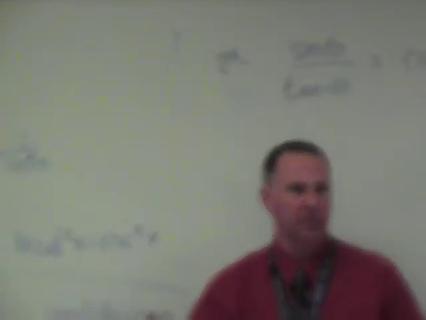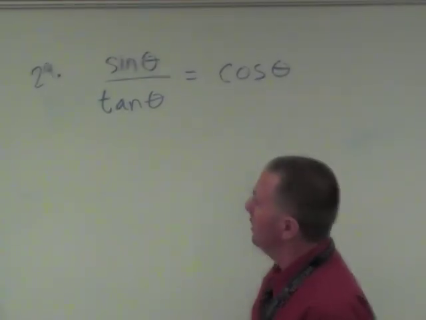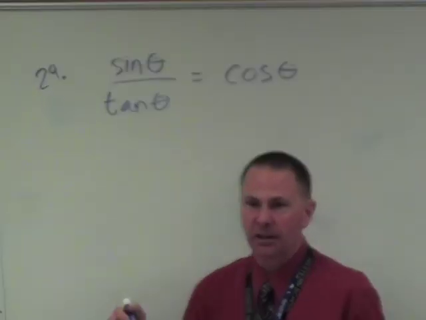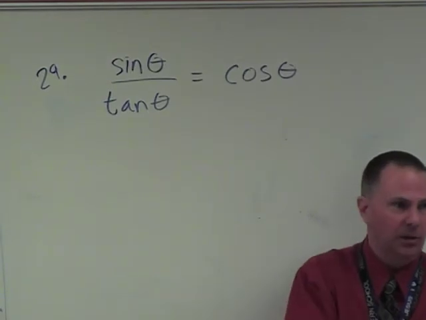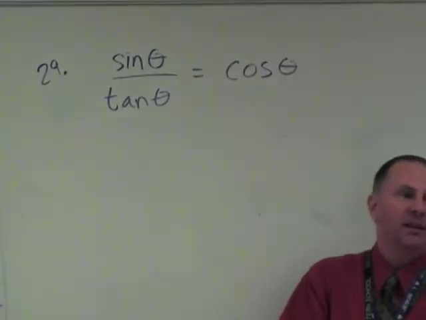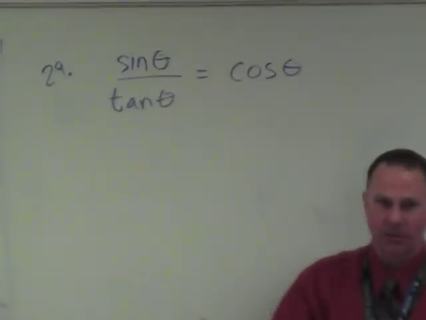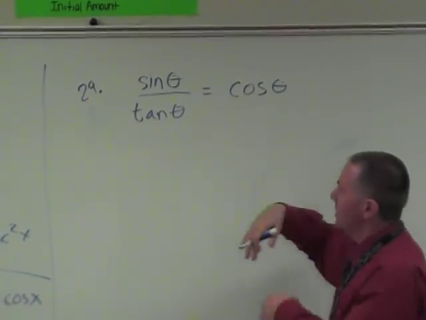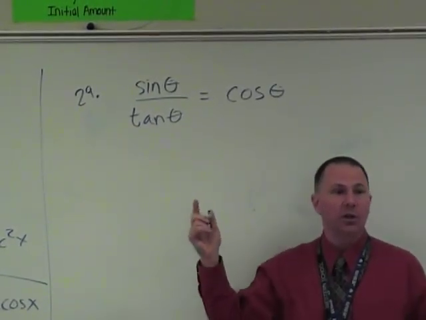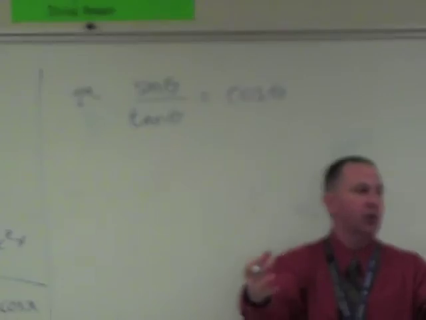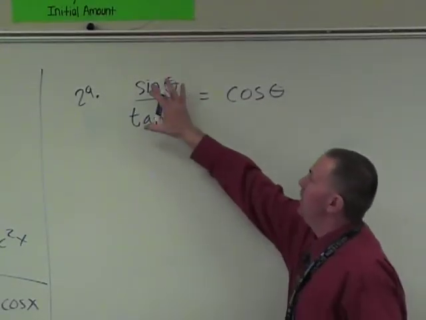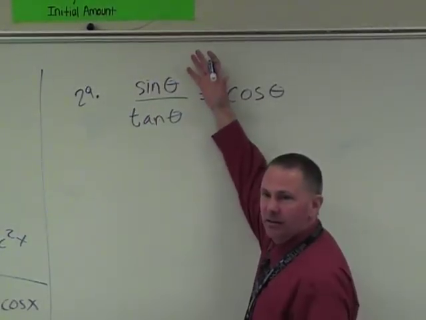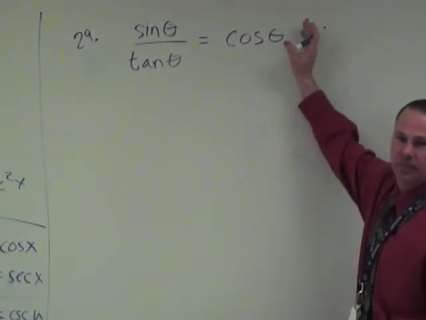So notice that our identities have equal signs, just meaning that you know that something's equal to something else. It can be changed. That's really what an identity is. Identity means equal. As long as it's a true statement, as long as you have an equal sign and it's true, it's really an identity. So they just come up with all these different things that are equal. You just have to prove them at this point, or show that they are true. So I need to manipulate the left side and try to make it look like the right side.